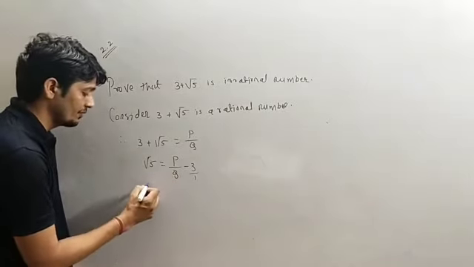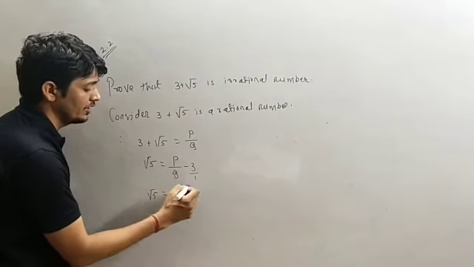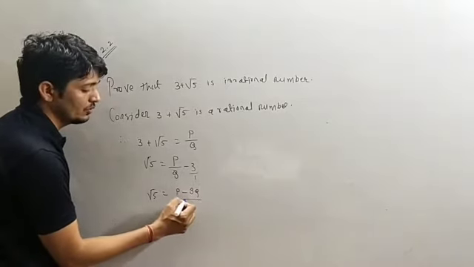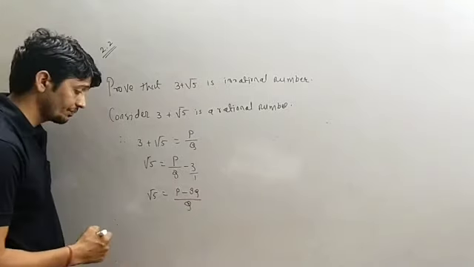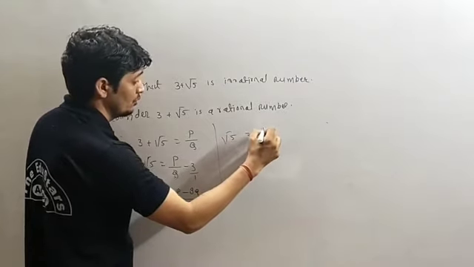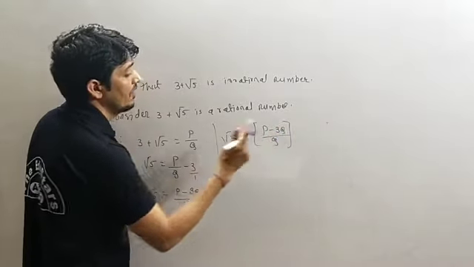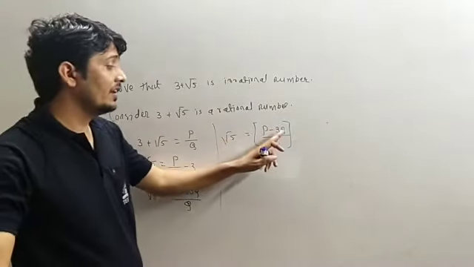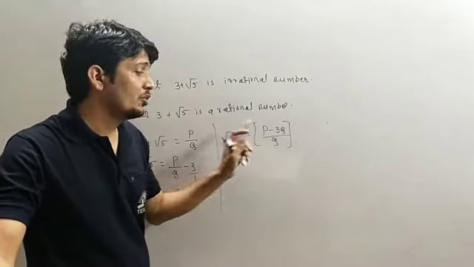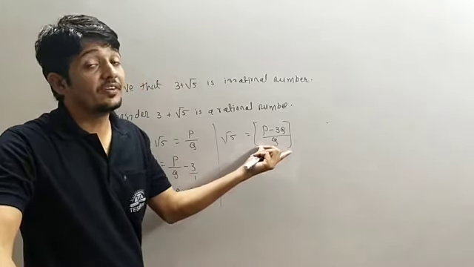So we solve: root 5 equals p minus 3q divided by q. If we compare this number, p and q are real numbers and q must not be 0. That means this number will be a rational number.